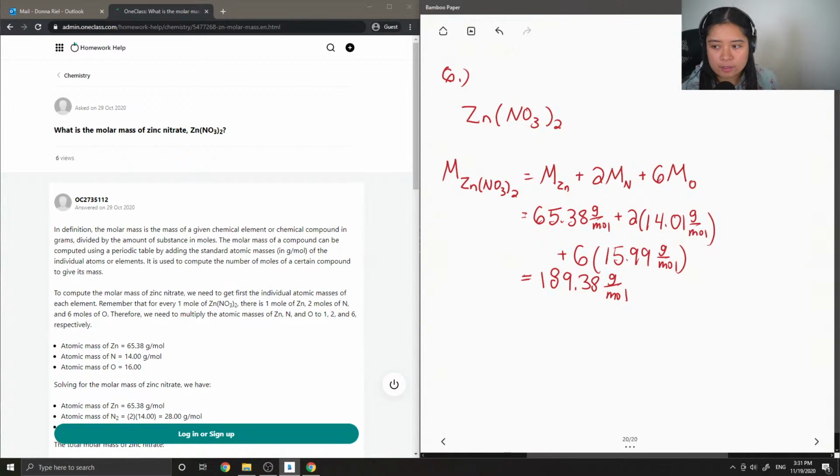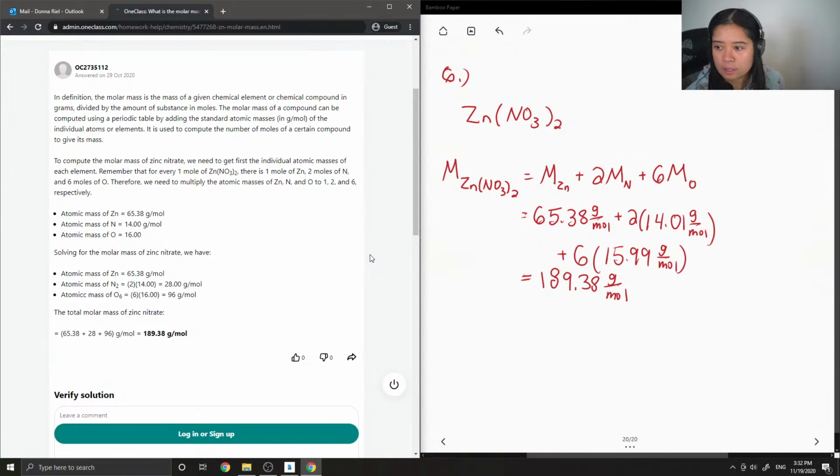Okay, so let's see what the junior tutor said. In definition, the molar mass is the mass of a given chemical element or chemical compound in grams, divided by the amount of substance in moles. The molar mass of a compound can be computed using a periodic table by adding the standard atomic masses of the individual atoms or elements.